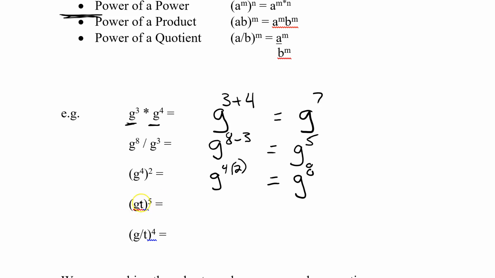And then I've got an example of the power of a product, where I've got multiplication inside brackets, all raised to the power 5. So the 5 can be applied to both the g and the t. So this would be like g to the 5th and t to the 5th.